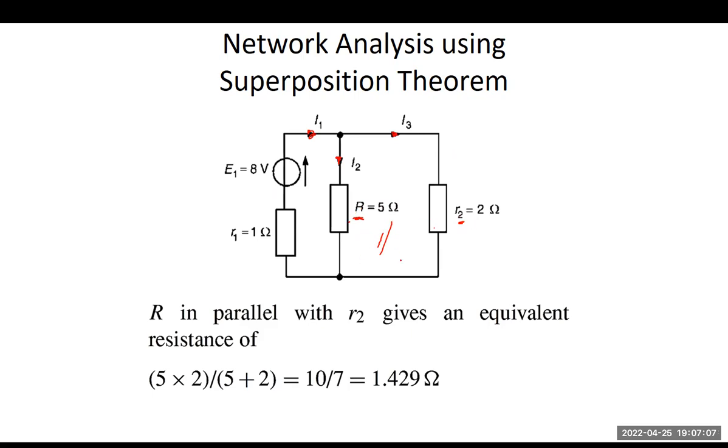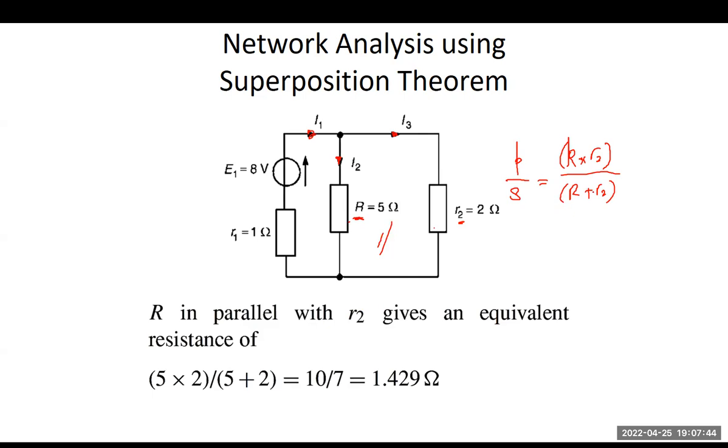Let's apply the formula for the equivalent resistance of a parallel circuit, using the product over sum method: big R multiplied by small r sub 2 divided by R plus r sub 2.